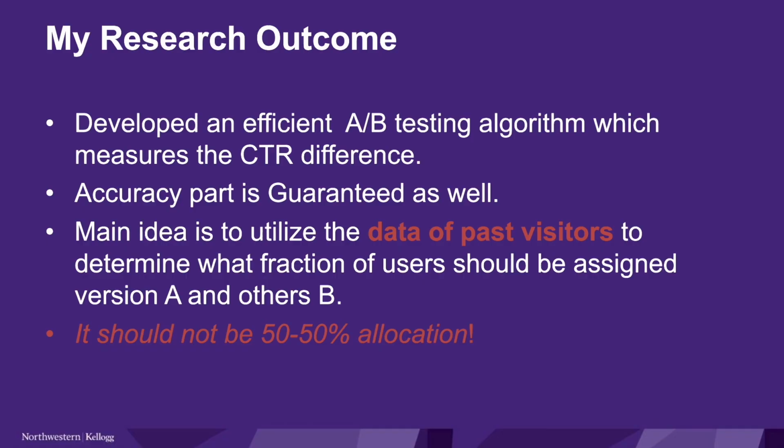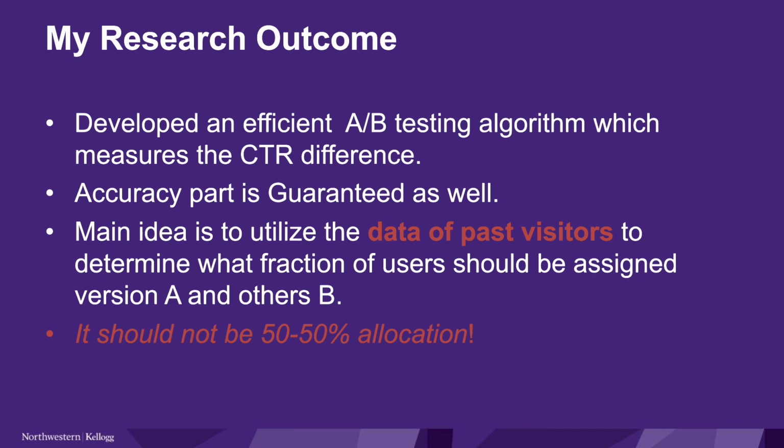This is what my research has delivered. My research has developed an algorithm which is very efficient, and it does not compromise on accuracy guarantees either. It gives guarantees with mathematical backing.